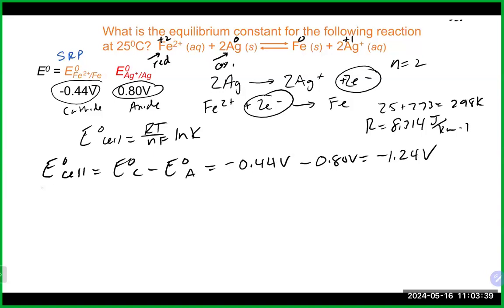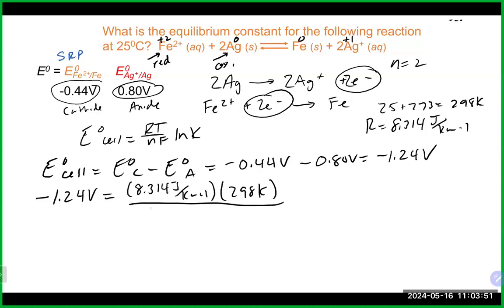Putting that into our formula over here, negative 1.24 volts is equal to 8.314 times our 298 divided by our 2 moles and our 96,500 constant joules per volt per mole, natural log of K. Cleaning up, actually what I'm going to do is just multiply this to the other side.